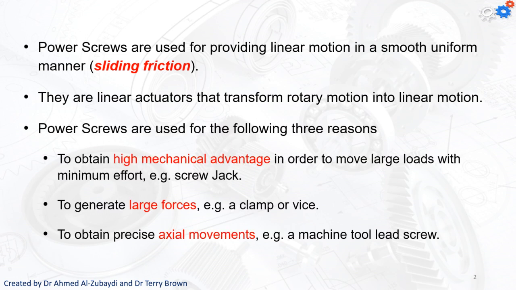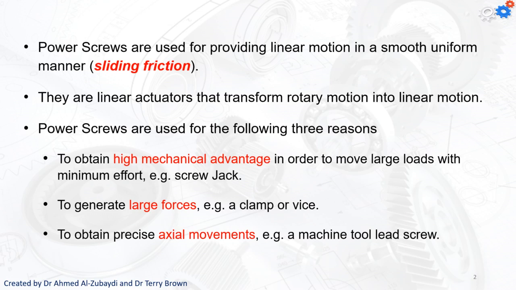Power screws are used for the following three reasons. First, to obtain a high mechanical advantage in order to move a large load with a minimum effort, for example, what we have in the case of the screw jack. Also, to generate a large force, like what we have in the case of the clamp or the vise.